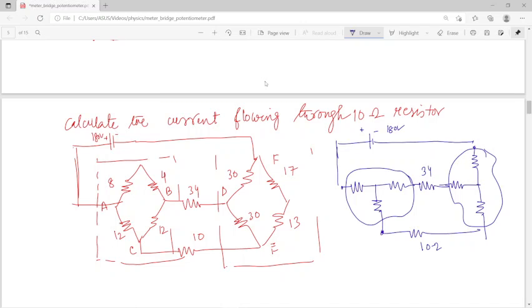That is the procedure by which you can convert it. That is the benefit of star to delta conversion. I'm just writing the values, you can calculate at home, and you will find the value will come out the same, 10, 10 and 10. If you calculate it, you can find the result easily.